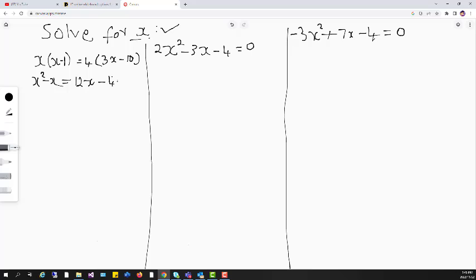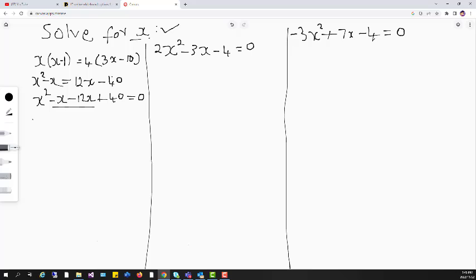So we're going to try to put this in standard form because that's what we need to do in order to solve for x. We're going to transfer everything to the left hand side. It will then be x squared minus x minus 12x plus 40 equals 0. The first step, equating the right hand side to 0.